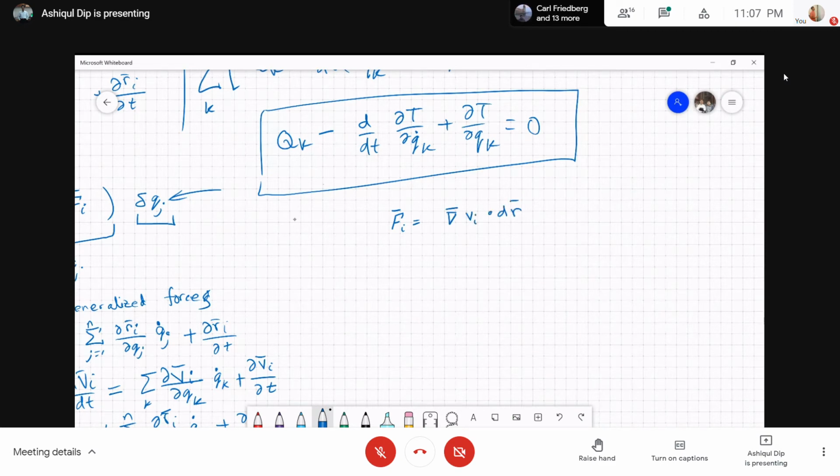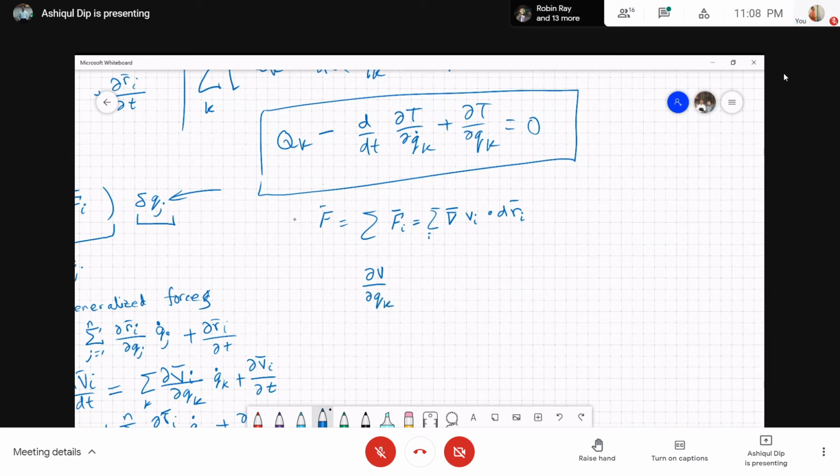If we have that kind of system, this is the total force F equals this. Then Q_k can be written as partial derivatives, like we can express that as the derivative of potential, ∂V/∂q_k.